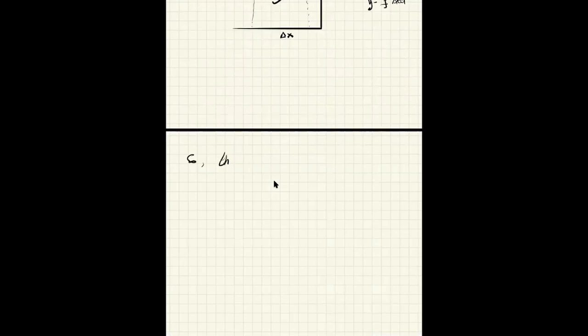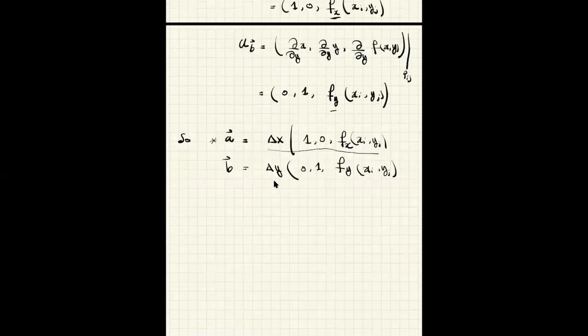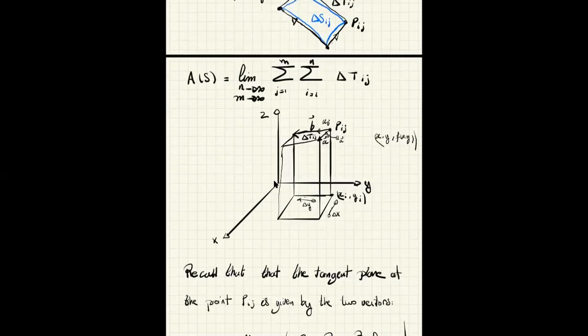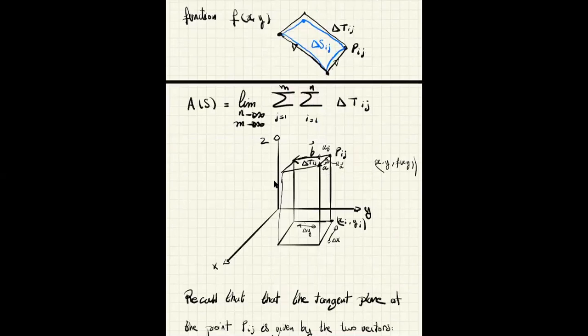The area of delta t g. So remember, now we have an explicit formula for a and b, right? So these are a and b.